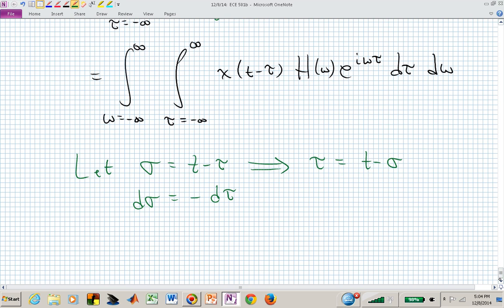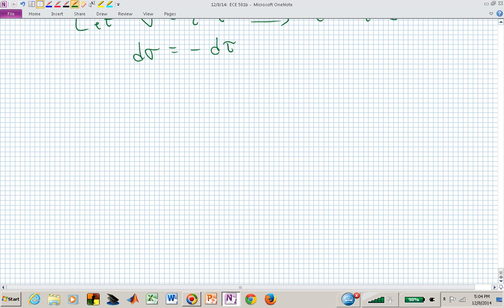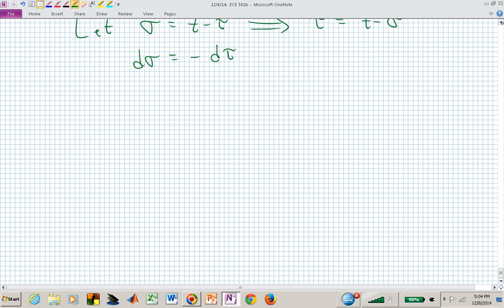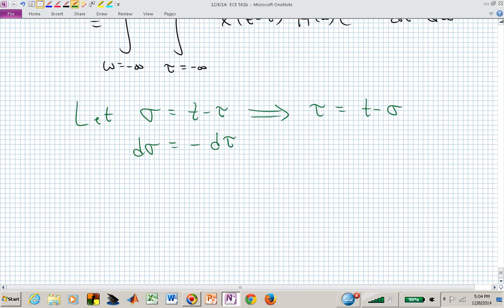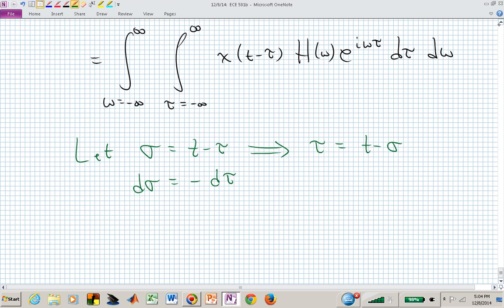Now let me slide that a little bit and give myself enough room to write what I want. Now let's rewrite that using these new replaced variables. We didn't do anything with omega. That can stay the same. But now we've replaced tau with sigma.